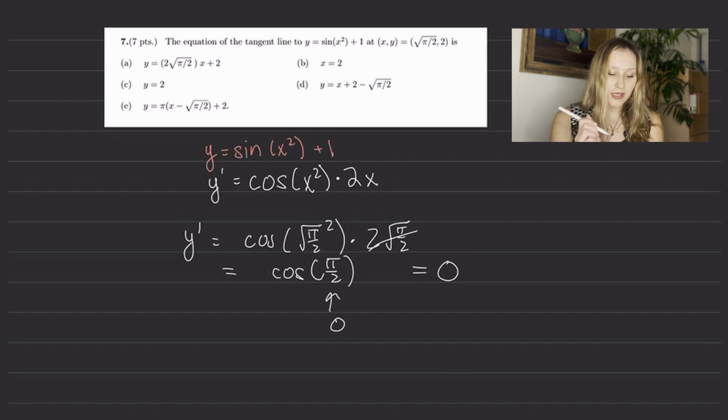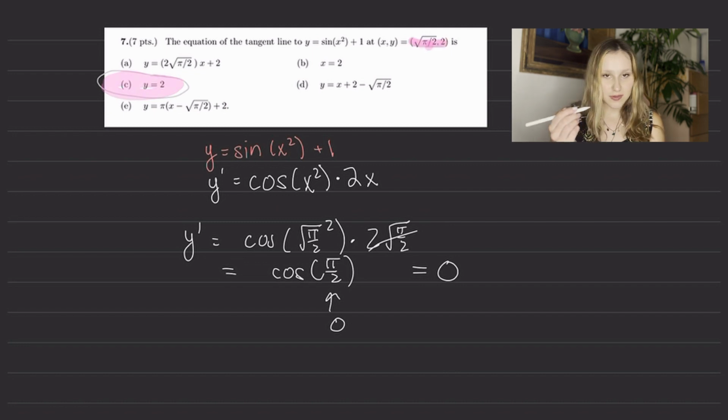Now, all we need to know is what is the value of the tangent line. The answer is going to be, if the slope's 0, that means it is a horizontal line, it is only a y value. So it is going to be this one, because the y value at this point is 2.